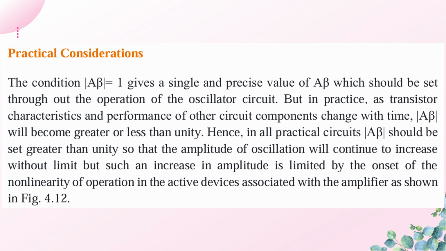Hence, in all practical circuits, modulus A beta should be set greater than unity so that the amplitude of oscillation will continue to increase without limit. But such an increase in amplitude is limited by the onset of the nonlinearity of operation in the active devices associated with the amplifier, which is represented in the next figure.